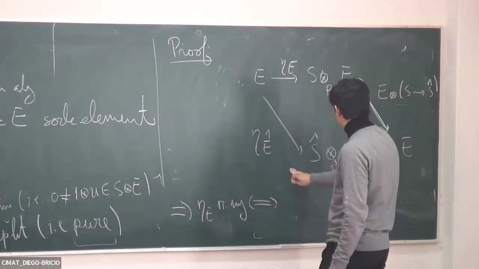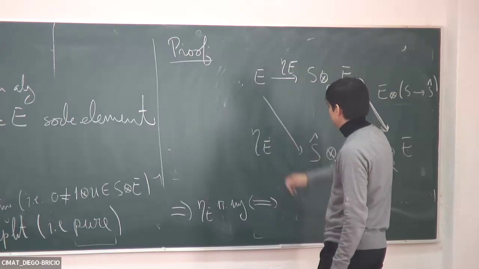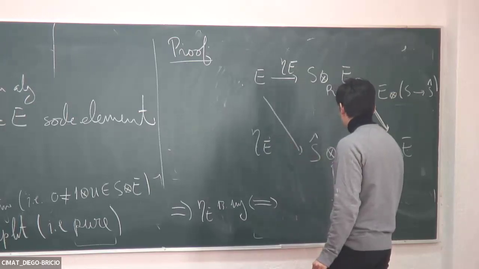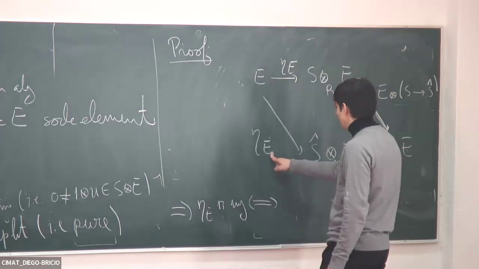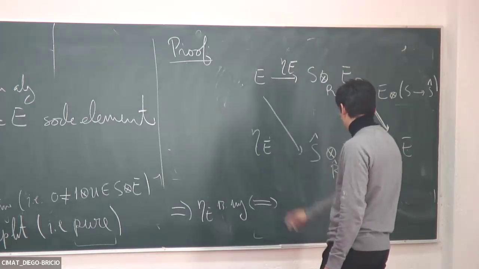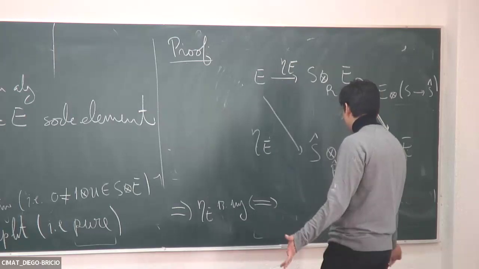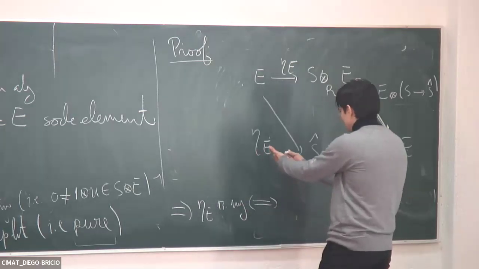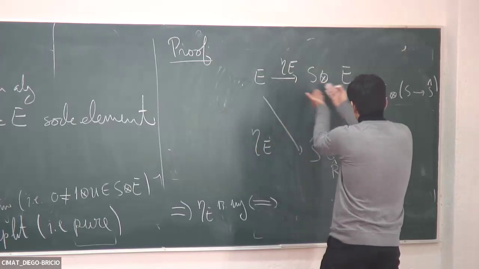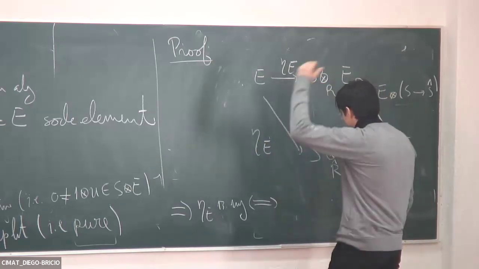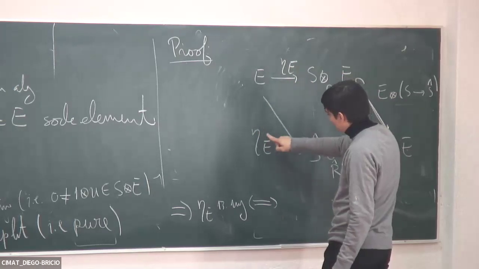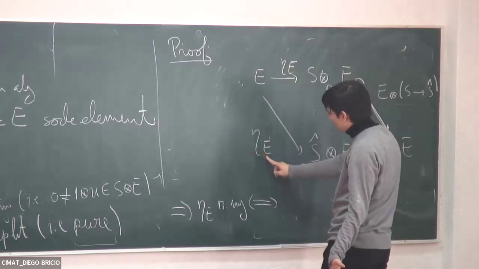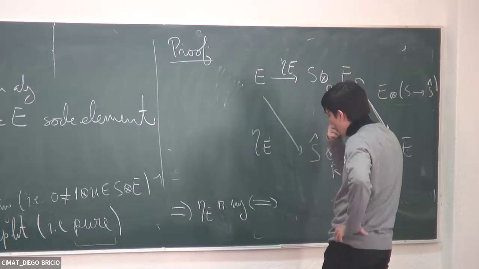So the consequence is that eta E is injective if and only if eta tilde E is injective. In principle this depends on R, right?